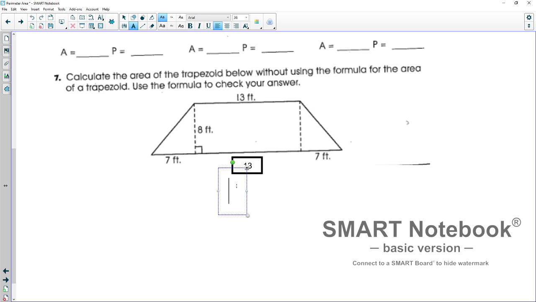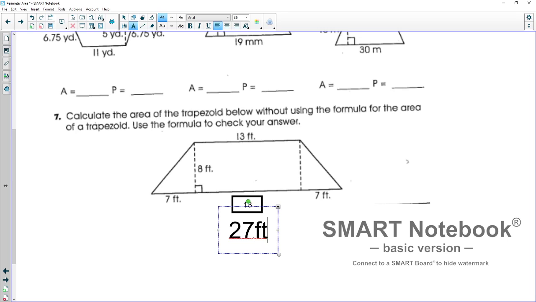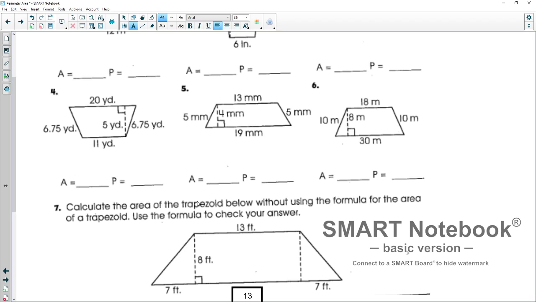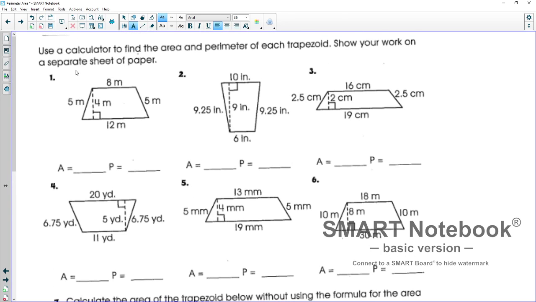If you said the total was 27 feet, you would be correct. Okay? So the total length would be 27 feet. And that's how you would solve for a missing part, if possible. Okay? Now you have 27 feet, 13 feet. You can put that into your steps and solve.